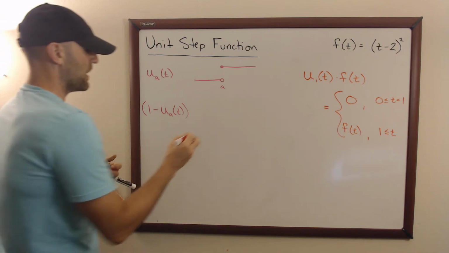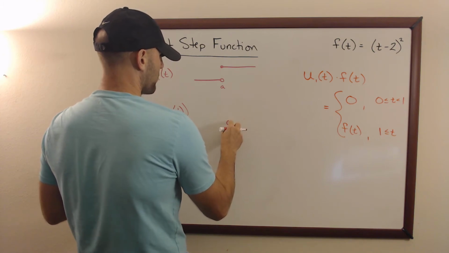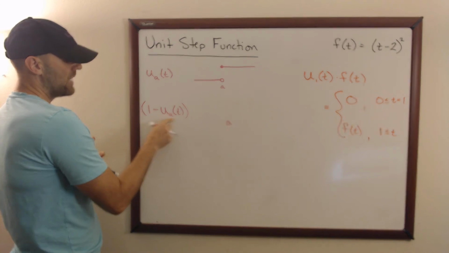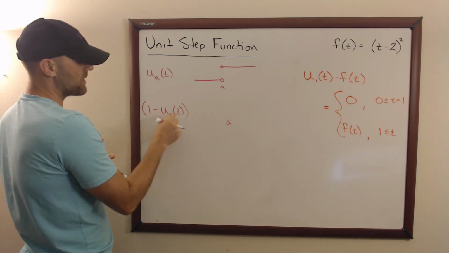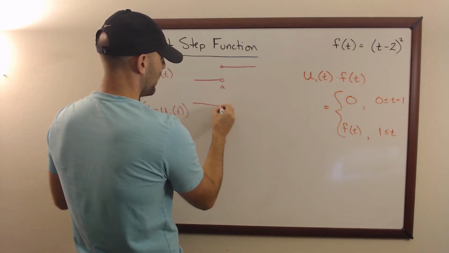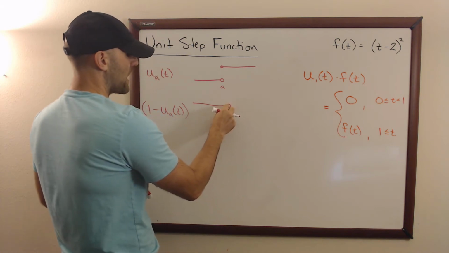Okay, so let's think about this. Again, the central value here is a. If I'm to the left of a, isn't this 0? If I'm to the left of a, this is 1 minus 0. 1 minus 0 is 1. This is 1 until I get to a. And then once I get to a, what happens?